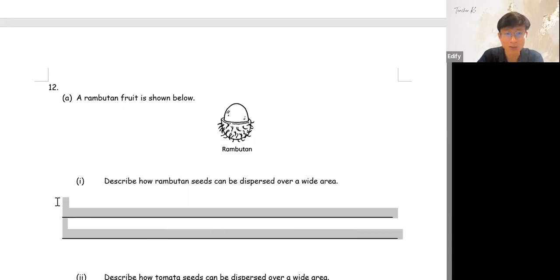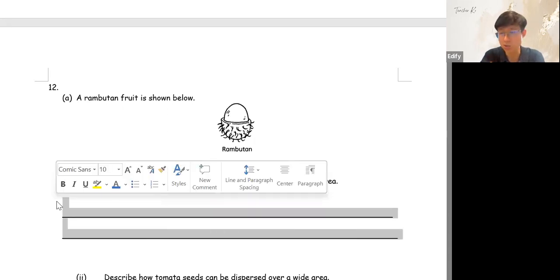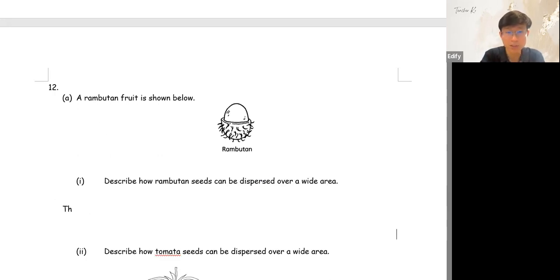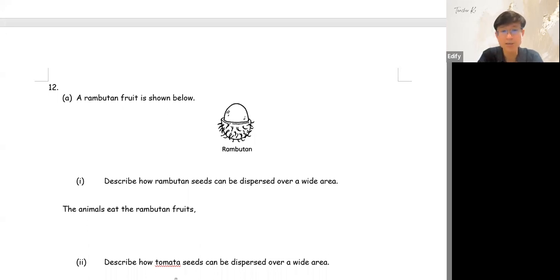Step 1, the animal needs to go and get the fruit, right? How to get the fruit? So the animals eat the rambutans. By eating the rambutan fruits, they will have gotten the seed. Then the second step is they want to travel, right? As the animal travels further away.